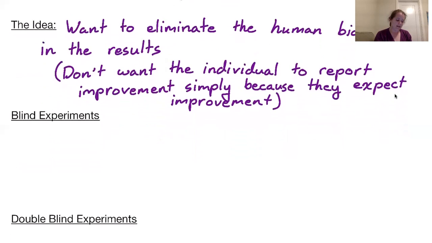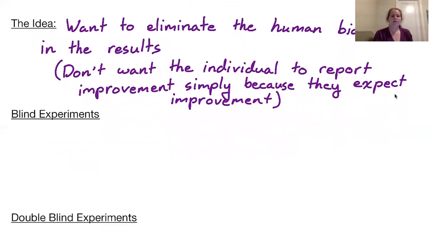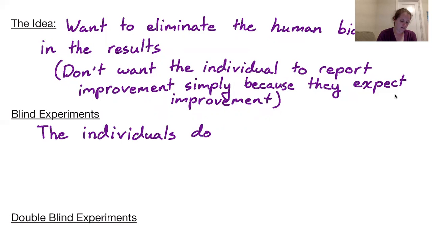So in a blind experiment, the individuals, the ones receiving treatment or not, don't know whether they are receiving the treatment. So the individual does not know if they are receiving treatment or not.